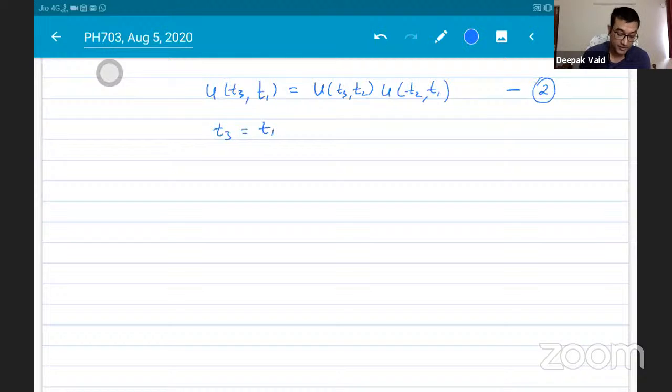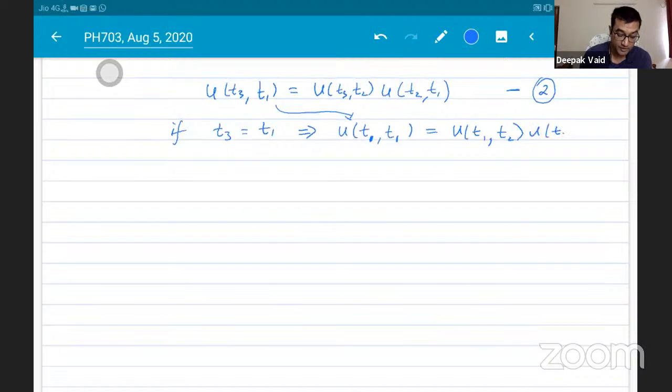So if we put T3 is equal to T1, then what do we get? We get U of T1, comma T1 from the left-hand side here, which is equal to U of T1, comma T2 times U of T2, comma T1.